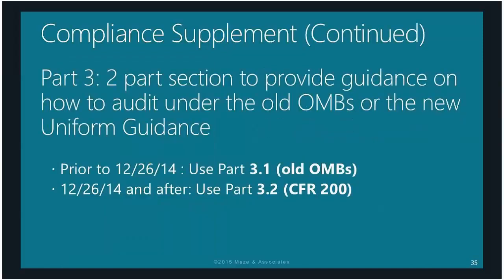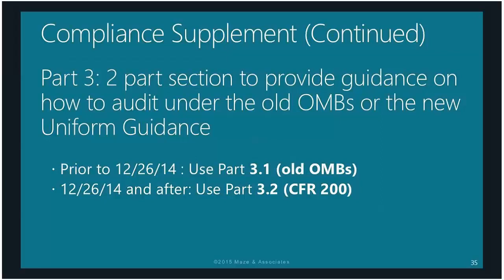So I want to go over just certain parts of the compliance supplement that you'll find helpful. Part 3 is a two-part section which provides the guidance on how to audit under both the old and new rules.